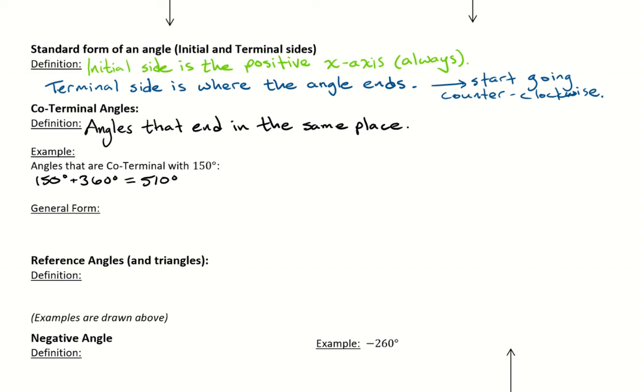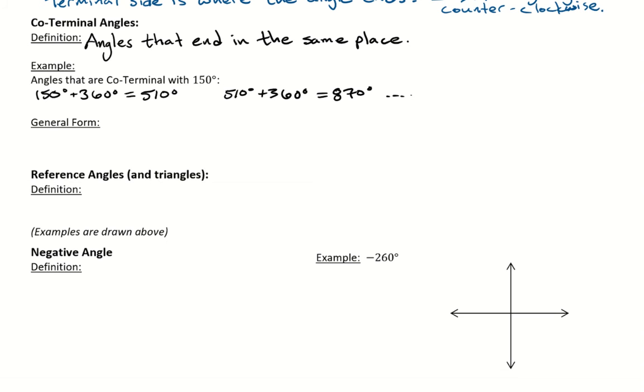Then we could do 510 degrees and add another 360 degrees, which gives you another coterminal angle, 870 degrees, and so on. You can just keep doing that. There's a general way to write this, but I'm going to leave the general form blank until we get down to negative angles.